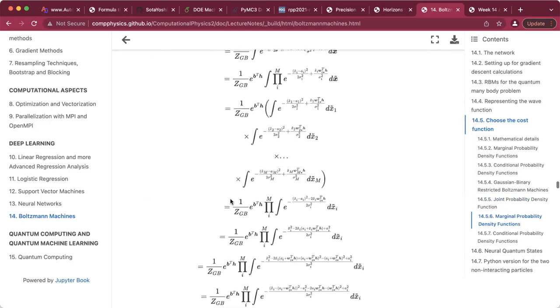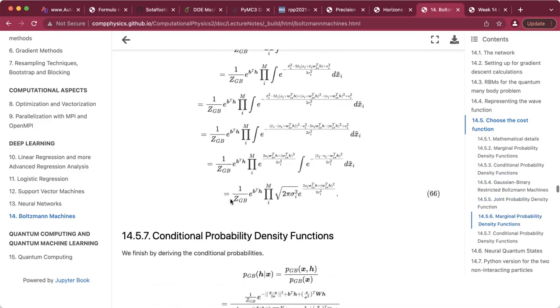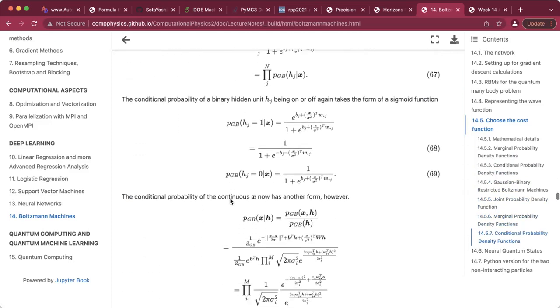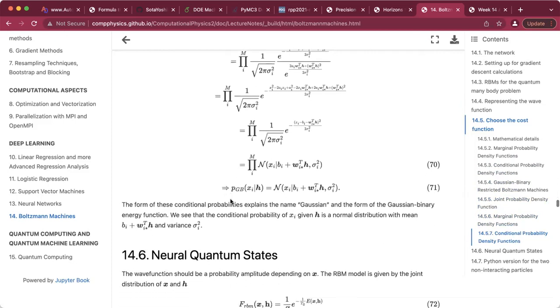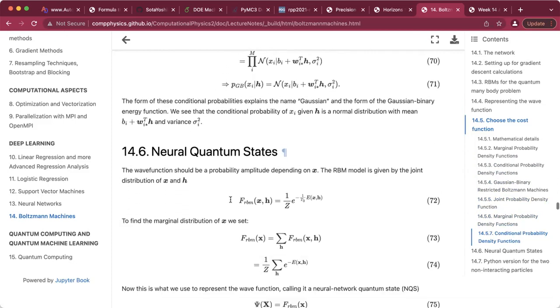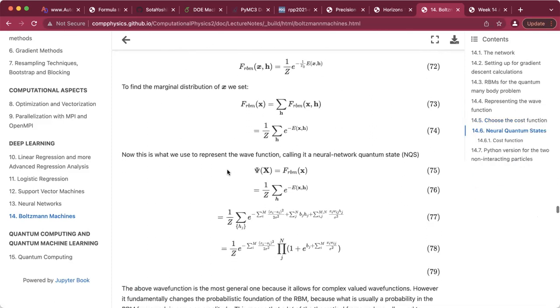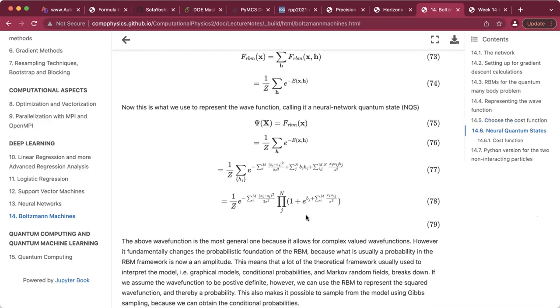So I'm just going through here so you can see the different equations and how they appear. And at the end, after all these boring exercises, we end up with a function of this type here, which we now want to optimize. And this equation, which you see here, this 78, is the equation which we are going to implement in our code.